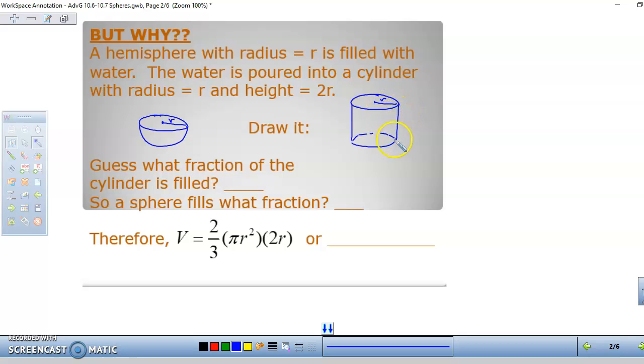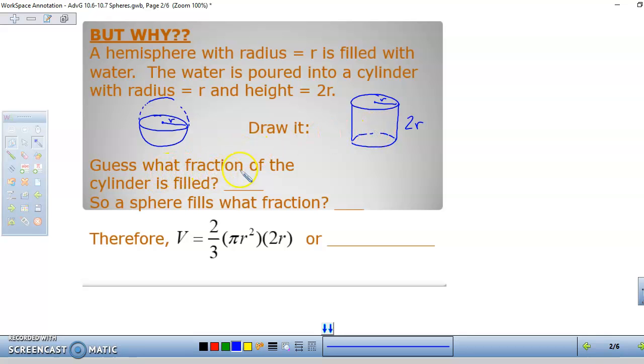And I'm going to make the height of this 2r, because that would be the height of a sphere, if you can imagine there was a sphere. This would be r and that would be r, so this sphere would fit right into the cylinder perfectly.